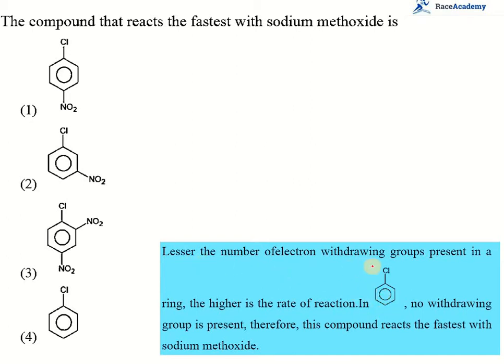That means the fewer electron withdrawing groups present in the ring, the higher the rate of reaction. So this chlorobenzene doesn't have any NO2, so the rate will be higher, and no withdrawing group is present, therefore this compound reacts fastest with sodium methoxide.